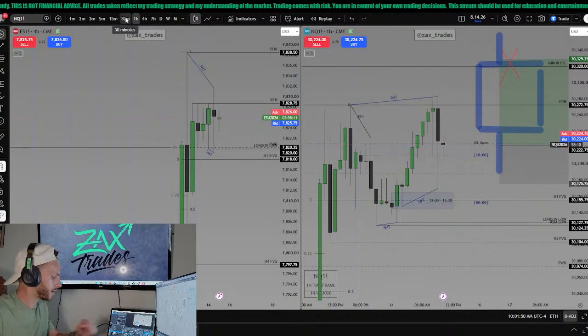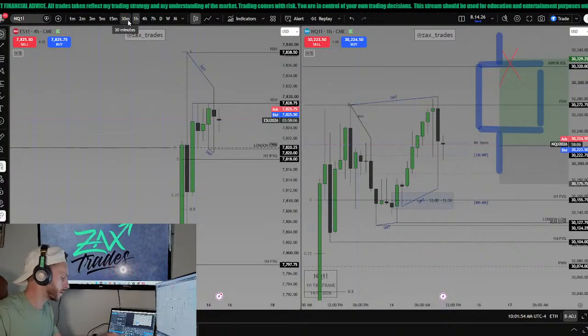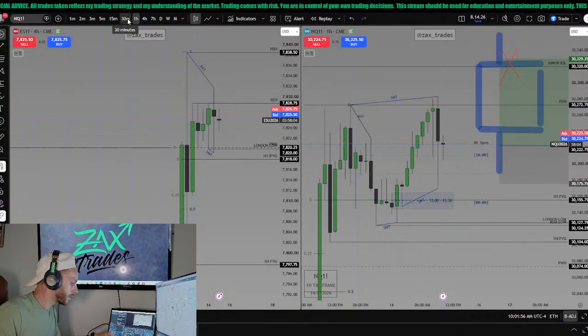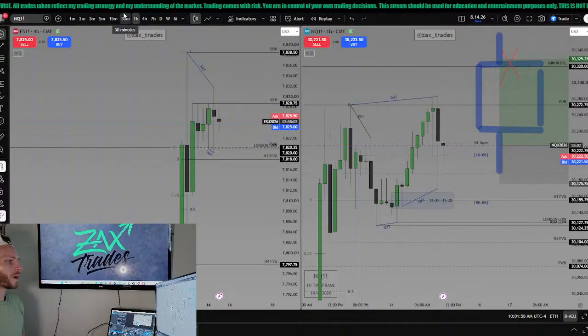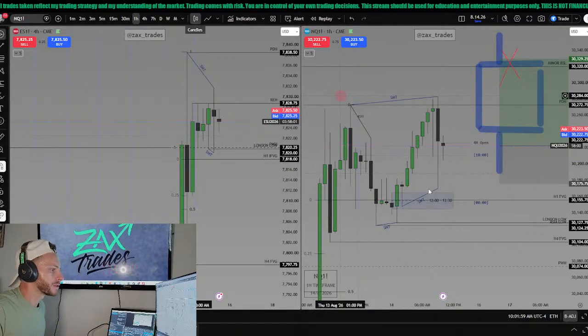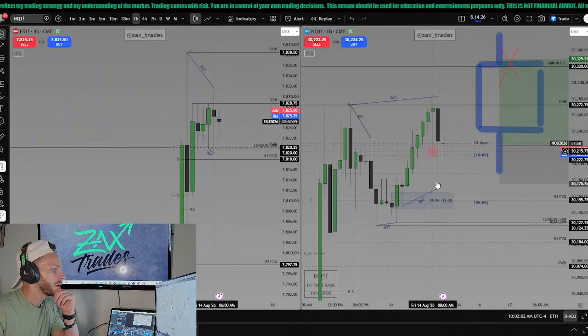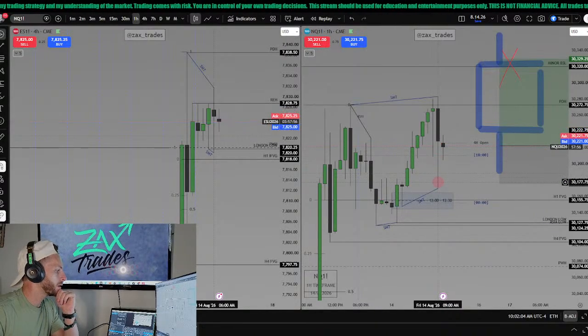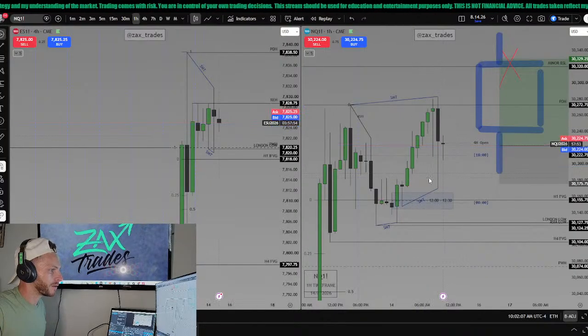Now, obviously, it's not an exact science. Of course, I'm wrong. I mean, of course, it manipulates me sometimes, but this is a great way of thinking. Okay, so right now we have this very long wick on the 1 hour. It's already manipulated into all of these. I mean, we got some stacked 1 hour gaps in here.